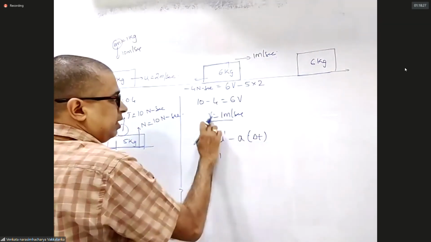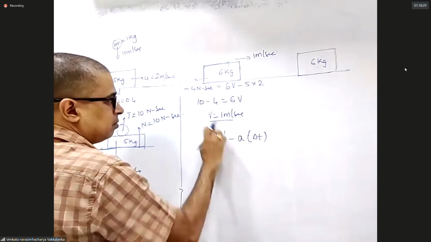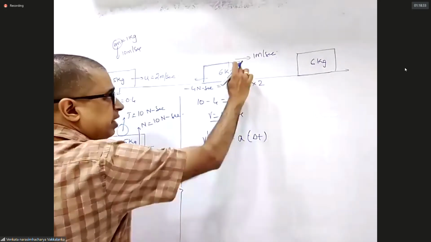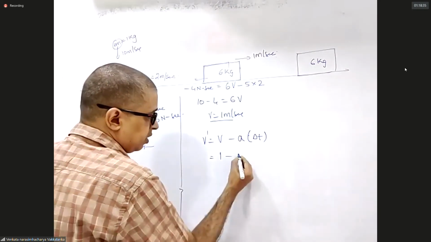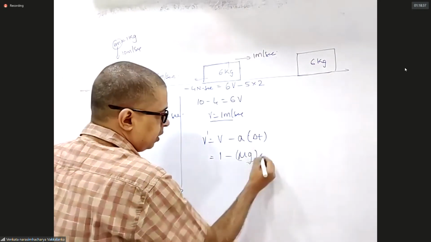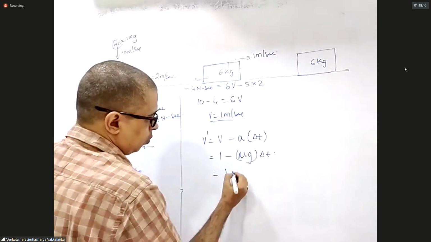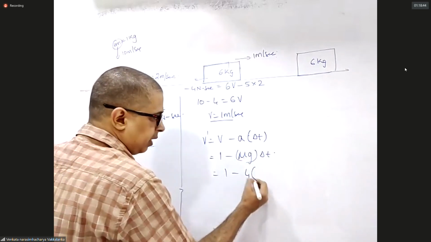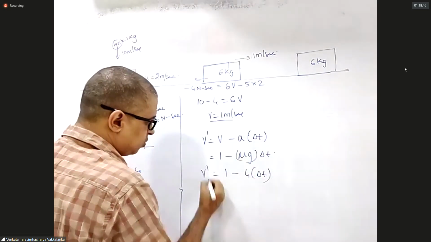It is 1 meter per second; I'll call it V, I don't mind. 1 meter per second minus mu g into delta T, so 1 minus 0.4 into 10 into delta T. This is V dash.